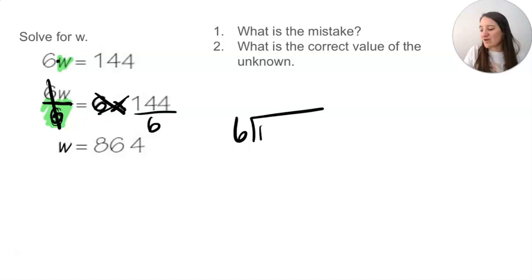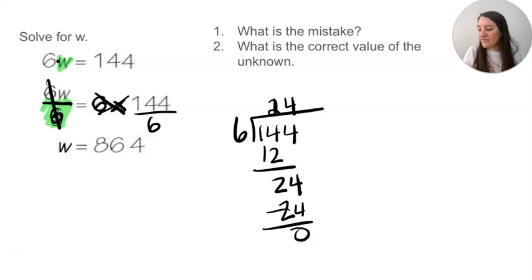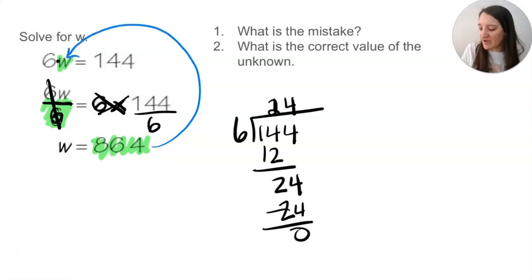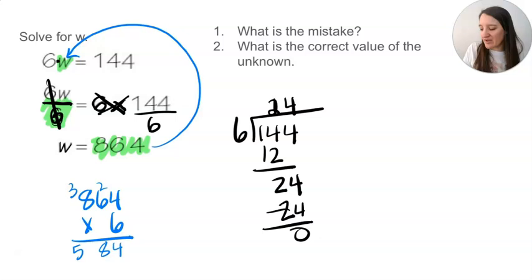So what they should have got was 144 divided by 6, so that'd be 24. Hopefully, they knew there was a mistake at this point. Hopefully, they checked it by plugging the 864 into that and going 864 times 6. And they probably didn't get very far before they were like, hold up.